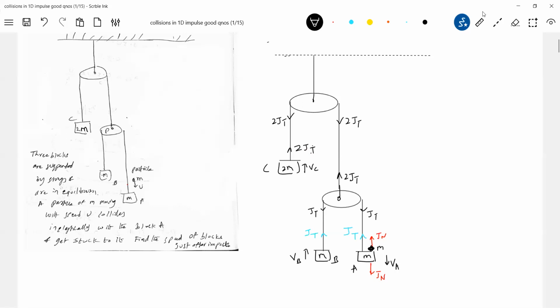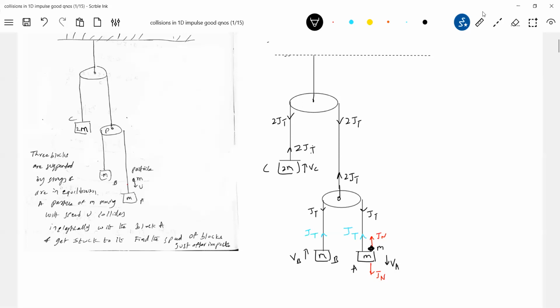It's quite natural that the speeds of blocks B and C will be upward, and that of A will be downward. Now he is asking for the speeds of blocks A, B and C. What is the equation of motion? How many unknowns are there? The impulsive tension, VA, VB, VC.